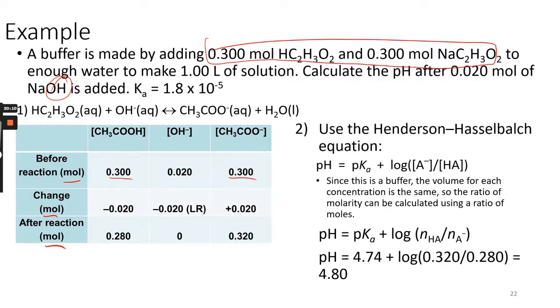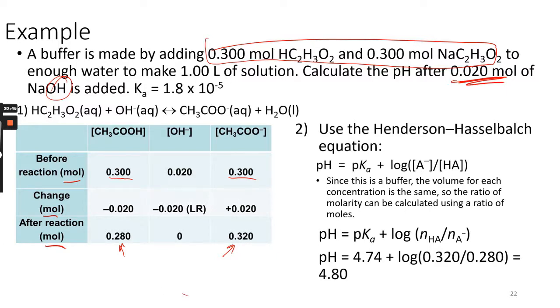We are starting with 0.02 moles of sodium hydroxide. Looking at this balanced equation, the hydroxide is going to be your limiting reactant, so this is going to get all used up. You do minus that amount on this side of the arrow, and then plus it here. So now we have our new amounts after the reaction occurs.